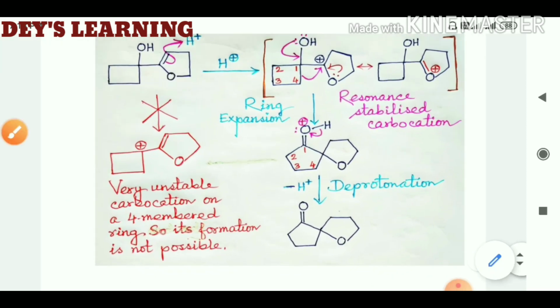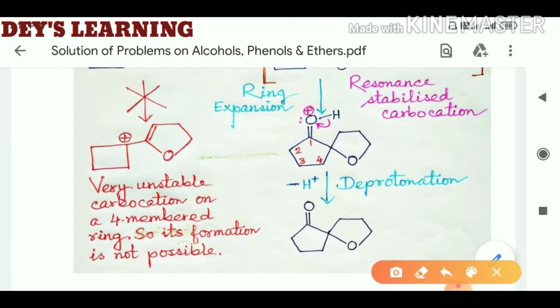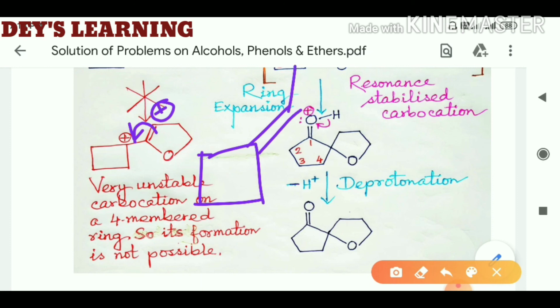And you can think of this intermediate from another angle, of course. Take a close look. When this double bond is shifted, the positive charge will be shifted over here, and as a result we get the 4-membered ring with an exocyclic double bond, isn't it?